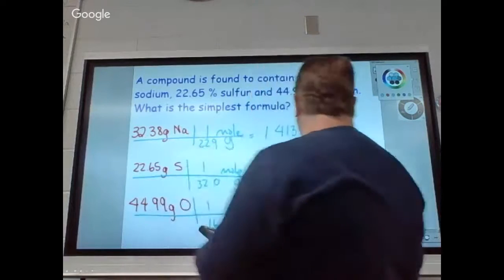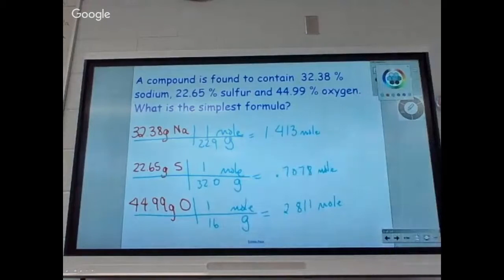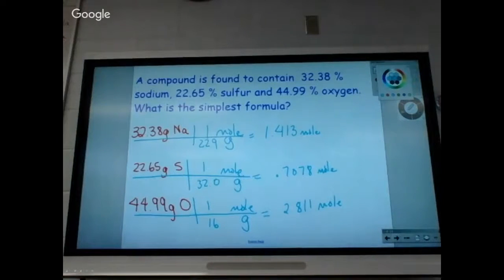I would recommend taking it out several decimal places, because there are a couple of these that if you round too much, you're going to get the wrong whole number. Not that I'm trying to trick you or anything. All right, so we've done step 1. We've changed percents to grams, and we've gotten moles.